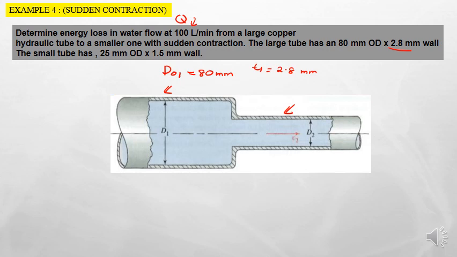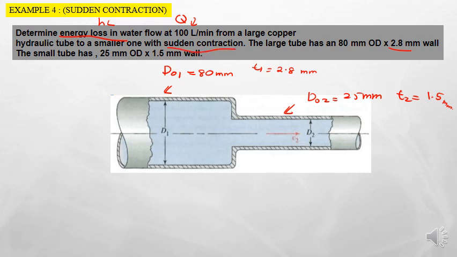And then the smaller tube dimension is DO2 at 25 millimeter, with the thickness equal to 1.5 millimeter. So you need to get your HL. It clearly says that it involves a sudden contraction.